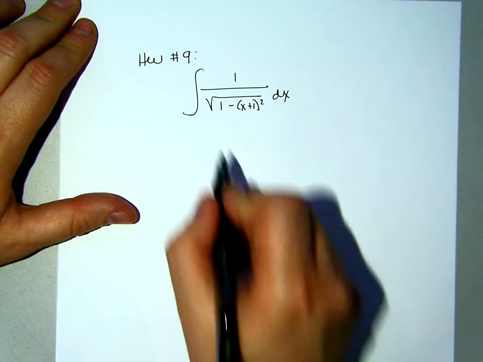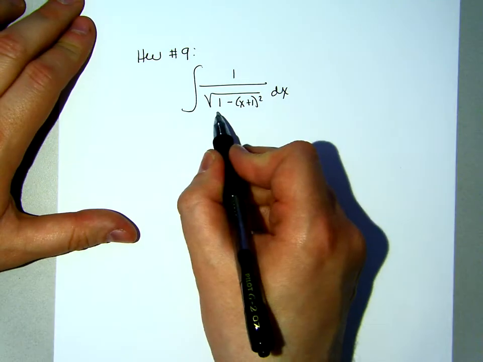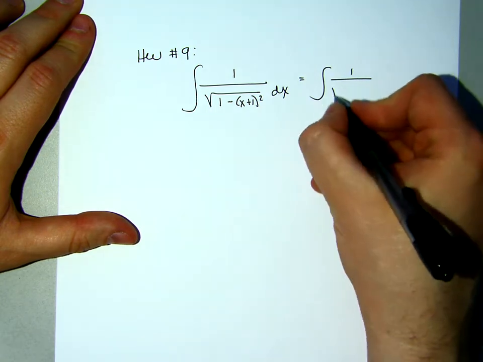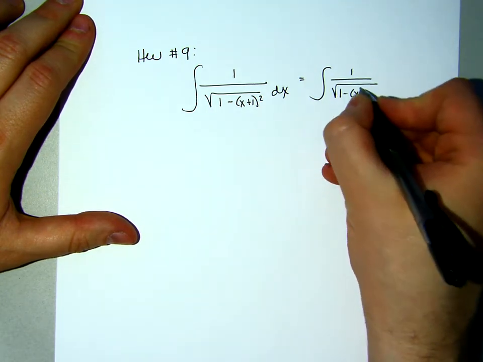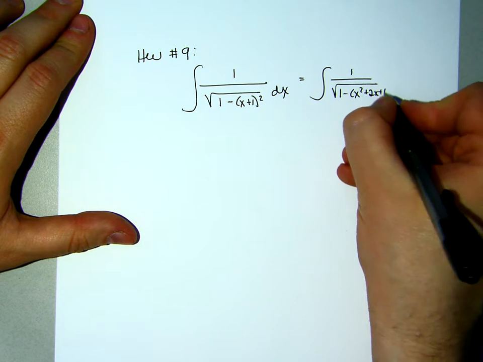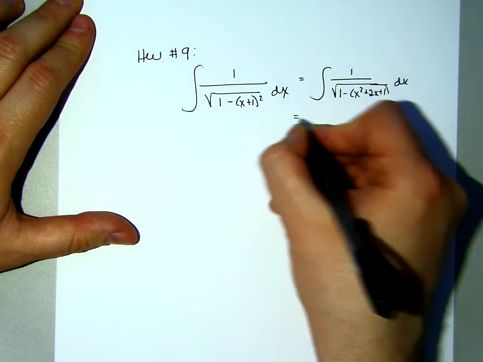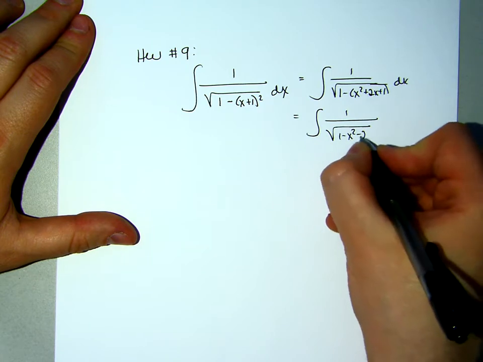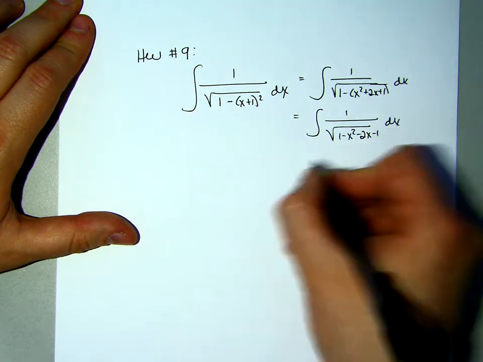However, what if instead of giving you the problem written like this, I actually did some expanding in the denominator? Let's say I gave you 1 over the square root of 1 minus (x squared plus 2x plus 1) dx. That is the integral of 1 over the square root of 1 minus x squared minus 2x minus 1 dx.